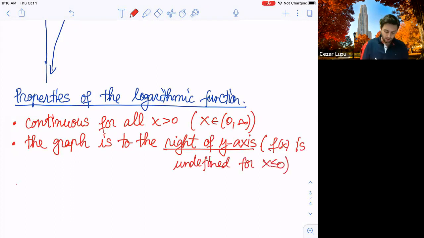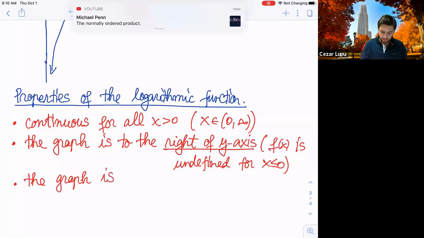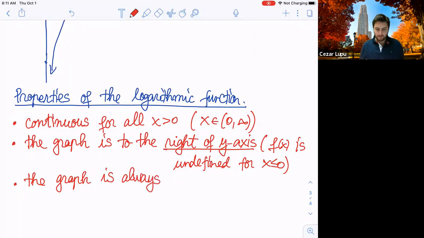Also, the graph is always rising for b greater than 1.